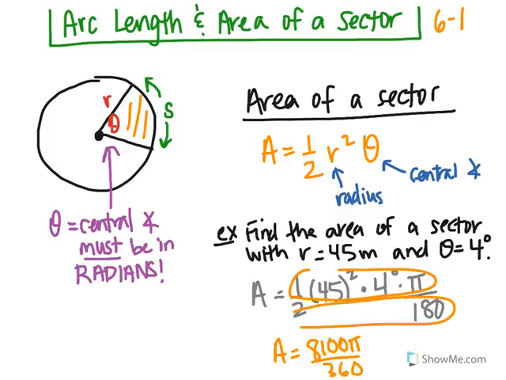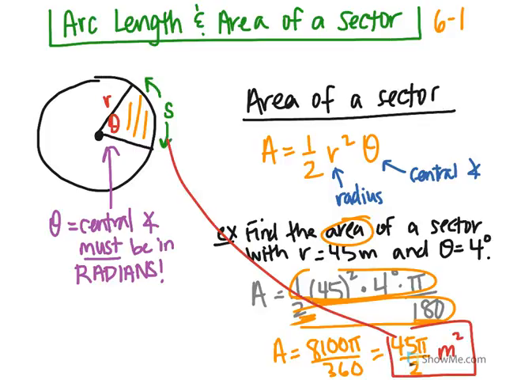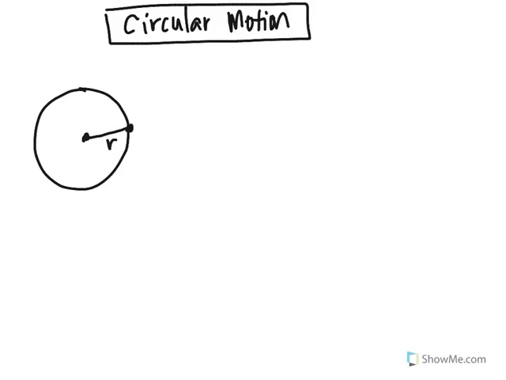You get 8100 pi over 360, that's the 45 squared times the 1 times the 4, leave it in terms of pi, over 2 times the 180, and when I reduce that, I end up getting 45 pi over 2. So leave your answers in terms of pi, and because this is area, the units are not going to be meters, but square meters. We want to figure out how much area this covers.